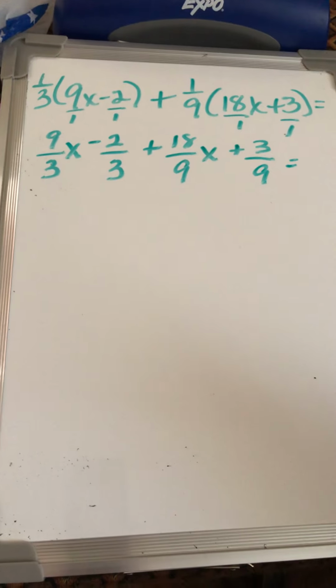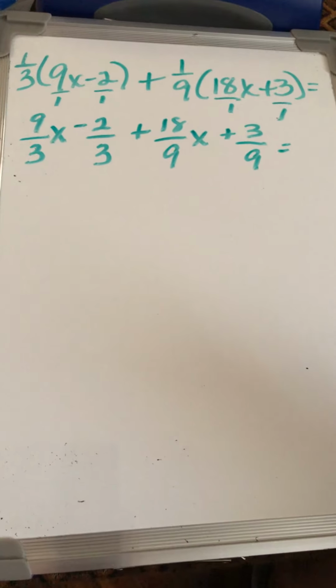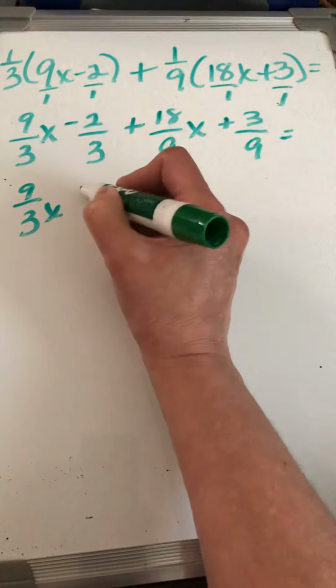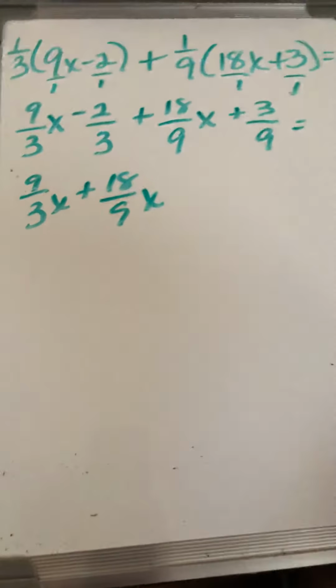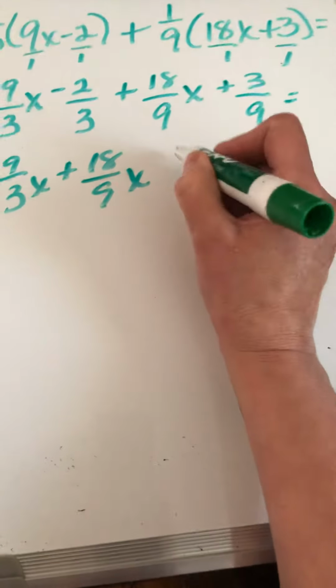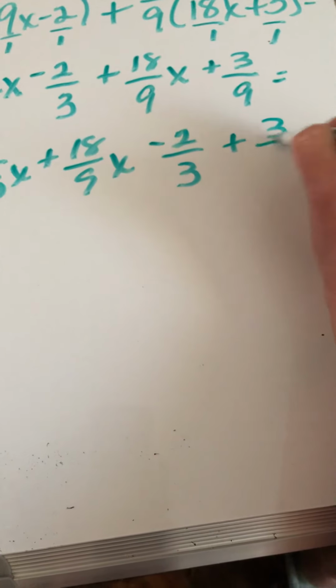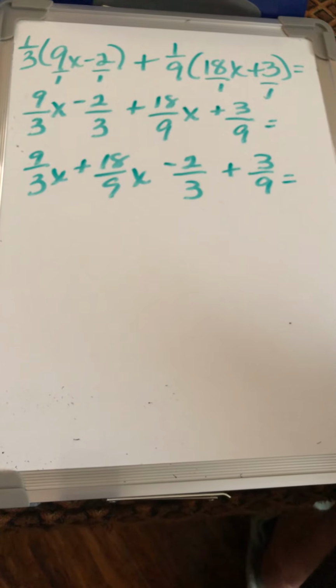Now I'm going to gather up my like terms, which are those two x's. I just like to write the like terms together, so I have them together for the end. Alrighty, now we got some housekeeping to do here.